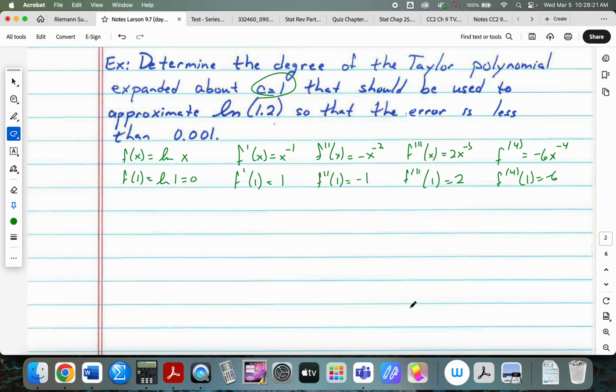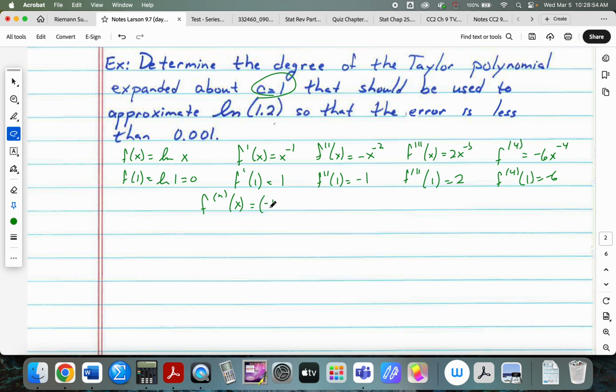Now, why this is important is because we need to have some sort of an expression for the nth derivative at 1, or the nth derivative at all. So f super n of x is going to be equal to, well, first of all, we notice that this is alternating, right? 1, -1, 2, -6.